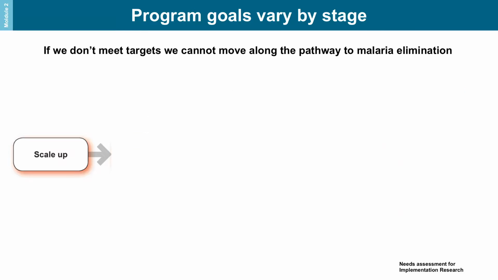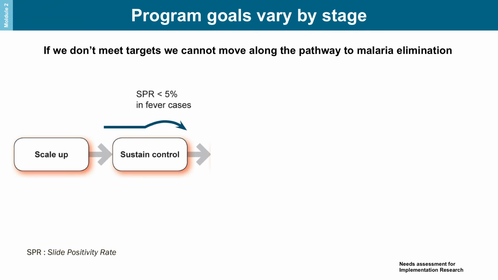This was what the period of 2000 to 2010 was supposed to be for many of the malaria interventions, scaling up so we achieved that 80% or more, hopefully more. The idea then was sustained control, so that you could keep that level of coverage maintained until 2015. If that had happened, we would have seen major drops. We probably would have seen zero malaria deaths, which had been the goal.